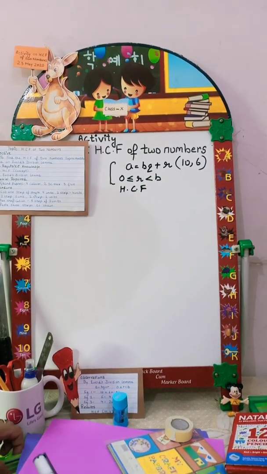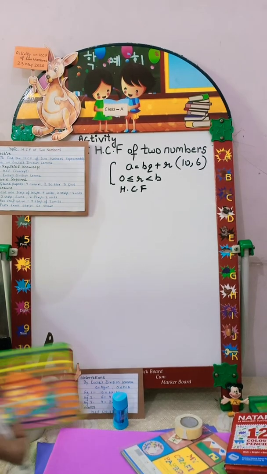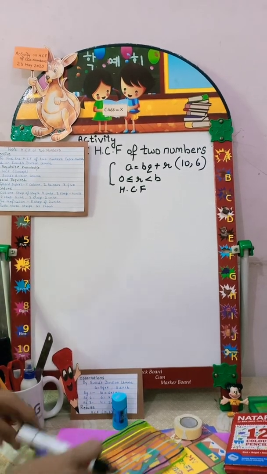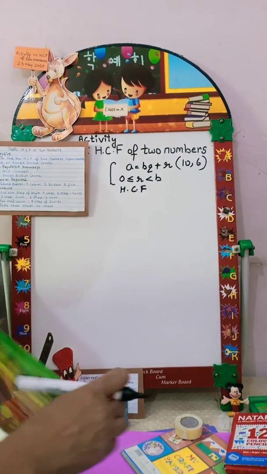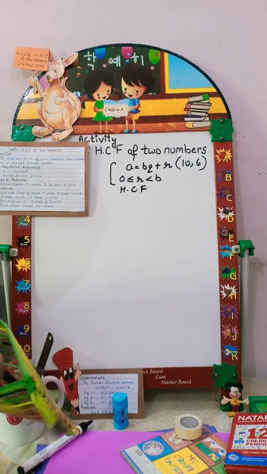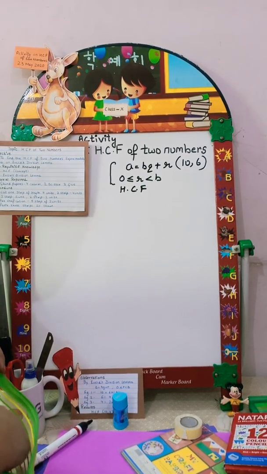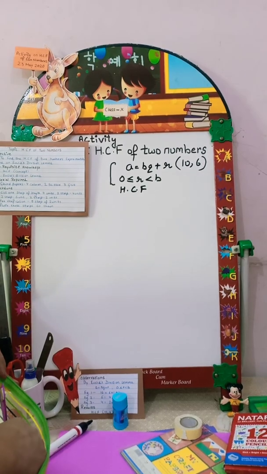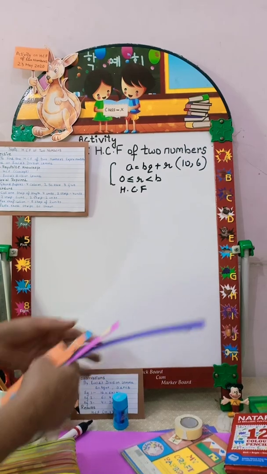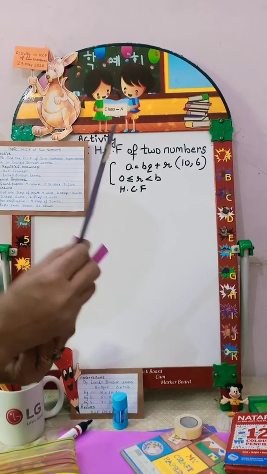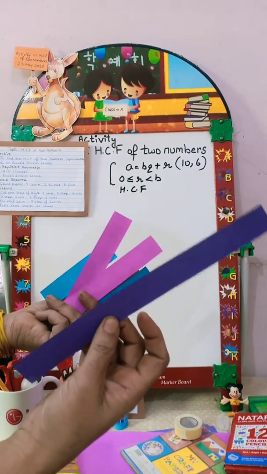First of all, we have to cut one strip of 10 centimeters, two strips of 6 centimeters, two strips of 4 centimeters and two strips of 2 centimeters. For verification, we need 5 more strips of 2 centimeters. I have already cut these strips for you to make your activity easier.